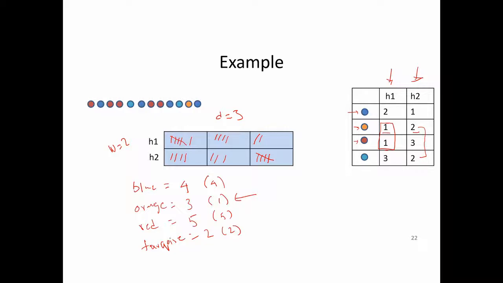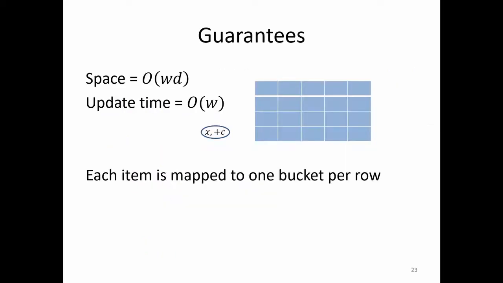So now, you need space of w times t because you want to maintain this matrix. Times log n because each item is a counter.